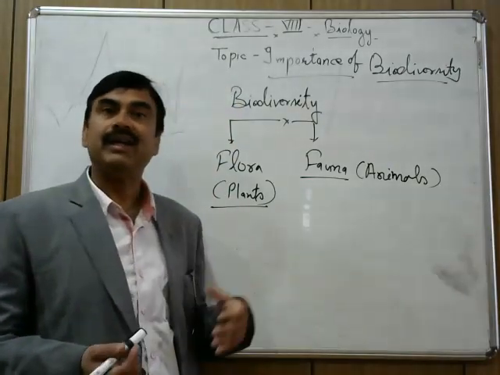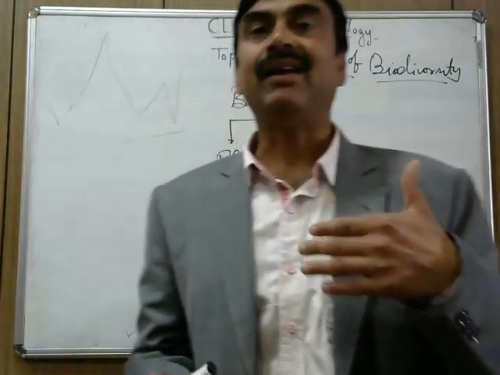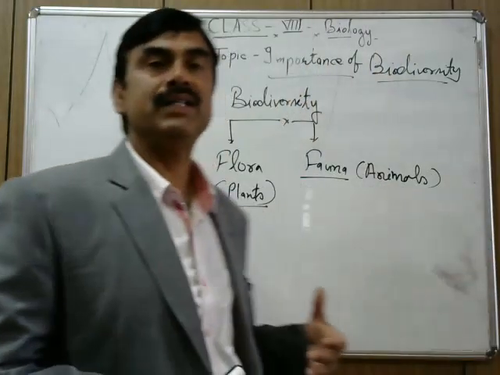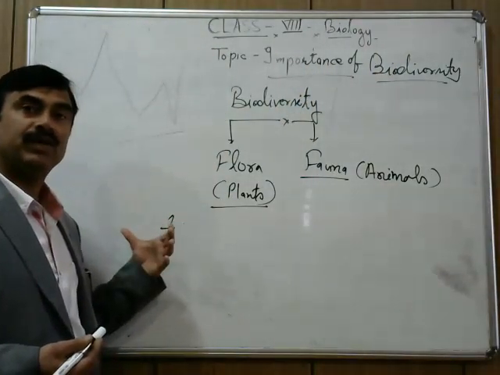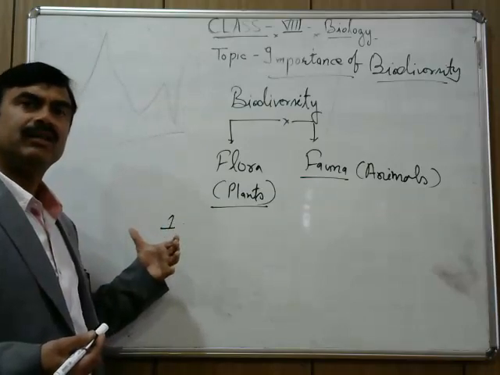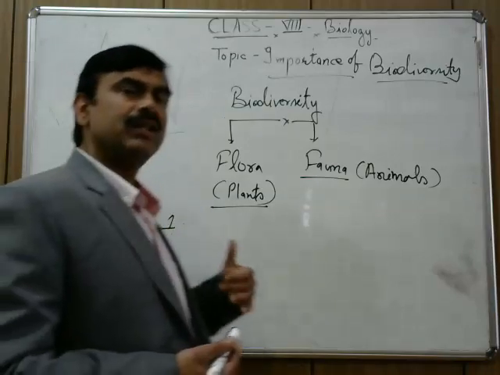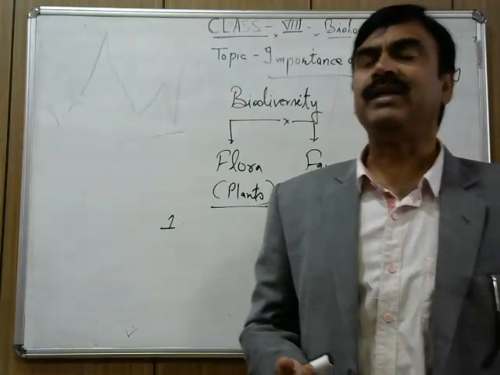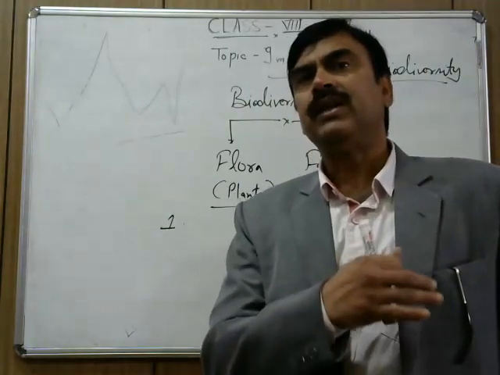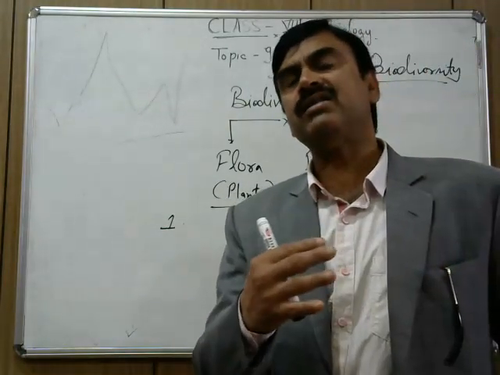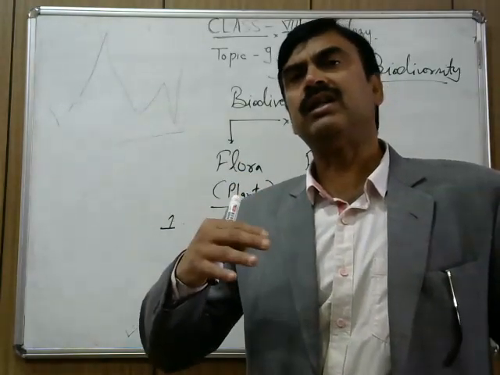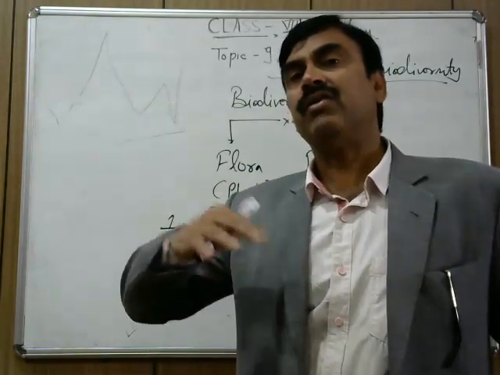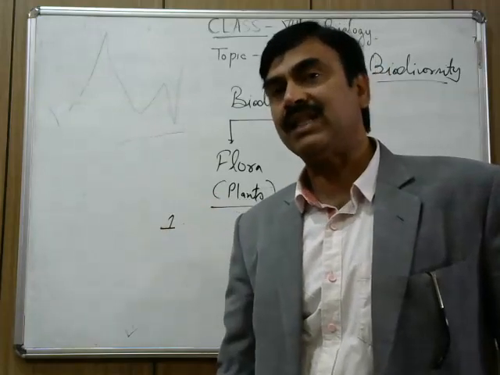So in the preparation of medicine, plants' role is very, very vital, very important. Many medicinal industries, big industries, are situated in Chandigarh and the Dehradun region, where the variation of plants is maximum in our country.